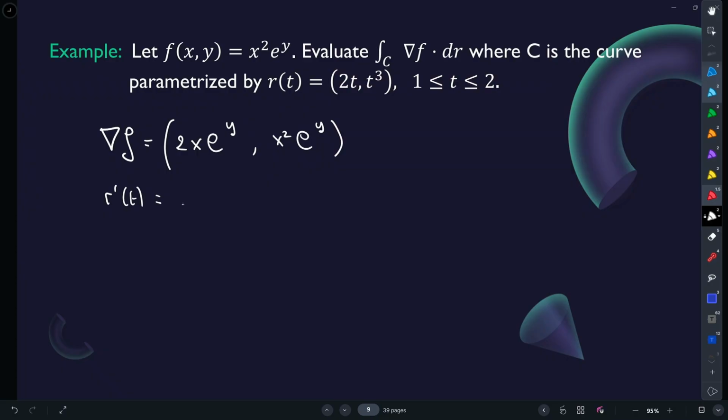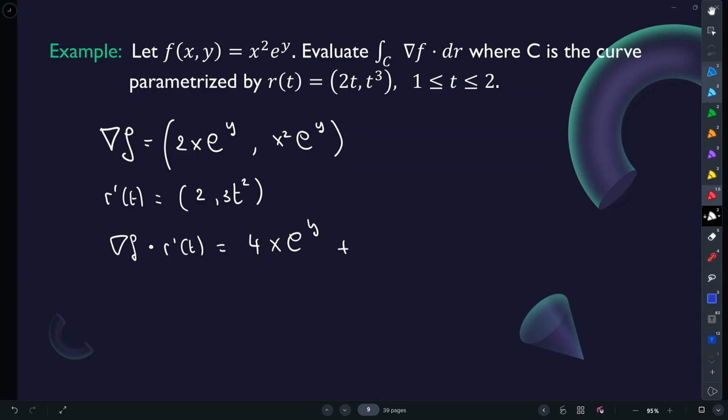R prime of t is 3t squared. Okay? Do the dot product of the two, and that is 4x e to the y plus... that's not how it works exactly, because I want to evaluate it at the path.